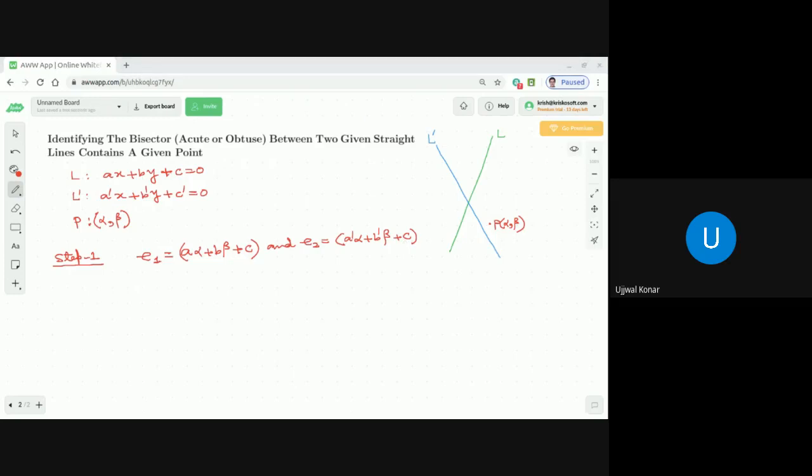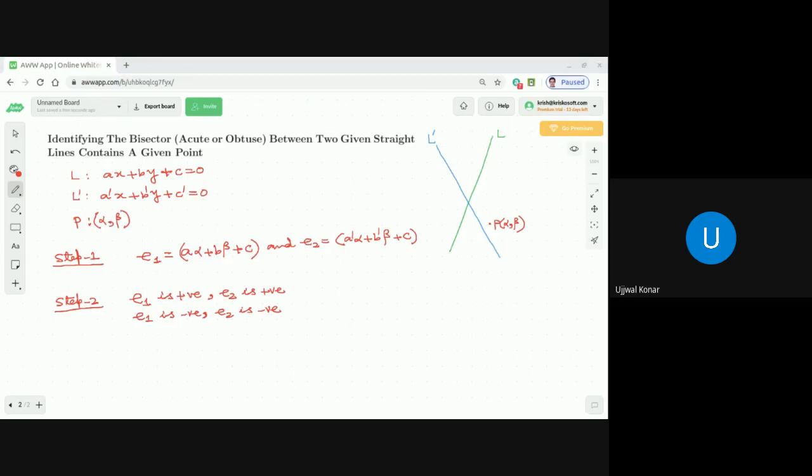If we see that both E1 and E2 have the same sign, then we proceed to step 2. If we find both E1 and E2 have the same sign, that means if E1 is positive, then E2 is positive, correct? Or if E1 is negative, then E2 is negative. If they are of the same sign, then what can we conclude?